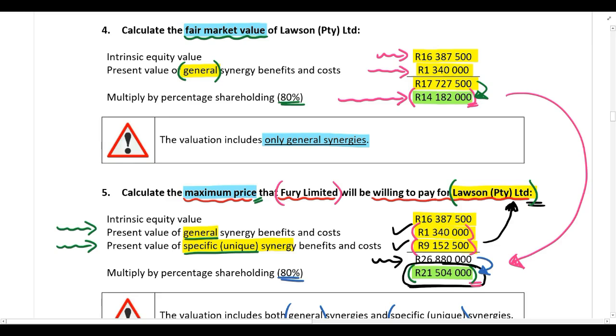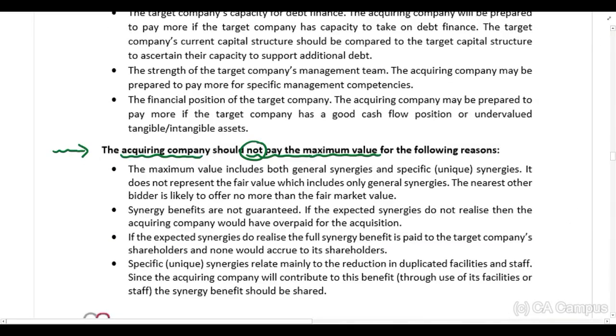So if Fury pays this amount, then the full benefit of these synergies is going to the previous shareholders of Lawson, and nothing is going to the shareholders of Fury Limited. So you shouldn't pay the full benefit across, because Fury Limited definitely contributed to that benefit. So it makes sense that the benefit should be shared. So guys, that deals with the reason why the acquiring company should not pay the maximum value.